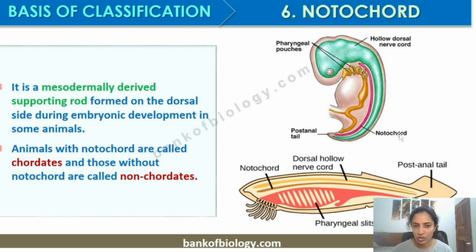This notochord is also a mesodermally derived supporting rod, and it is shown only by chordates, the 11th phylum. Organisms with a notochord are chordates, and except for the 11th phylum, all organisms do not have a notochord and are called non-chordates.